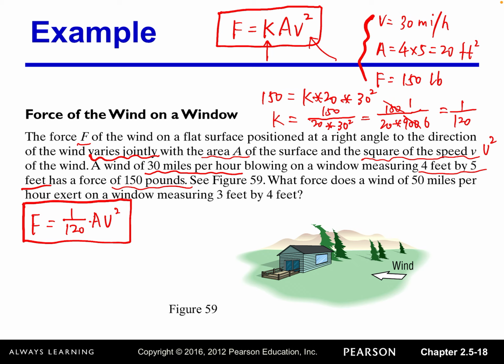Now the question asks us, what force does a wind of 50 miles per hour exert on a window measured 3 feet by 4 feet? So now given the speed of the wind is 50 miles per hour, and the window, we can calculate the area: 3 by 4 window, so that's 3 times 4 equals 12 square feet.